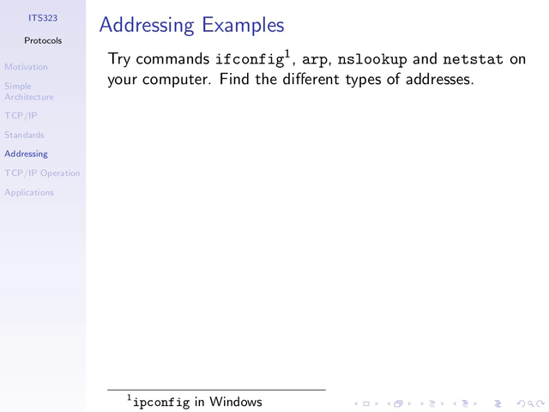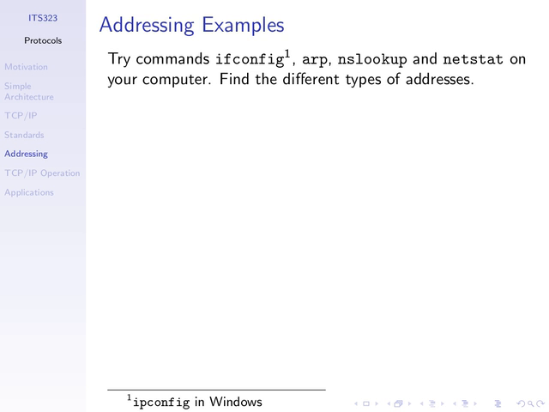We gave some examples last week. You can try on your own computer. There are just some examples of 4 commands which will run. Most of them will run under Windows or Linux-based operating systems, Unix-based operating systems, including Mac. And they show different information about the configuration of your interfaces.